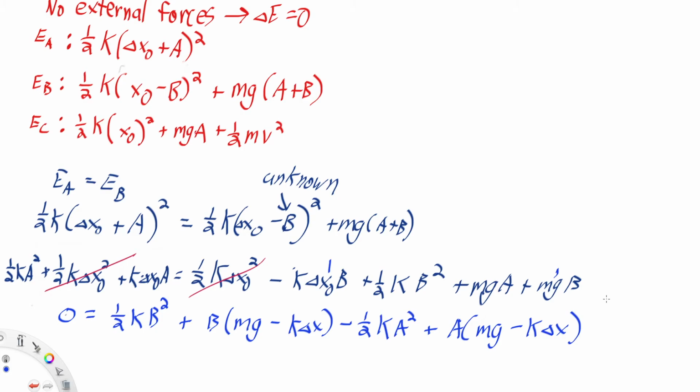So we have 1/2 kb squared minus 1/2 ka squared, and then the terms in the other way around. And then we have the linear terms.